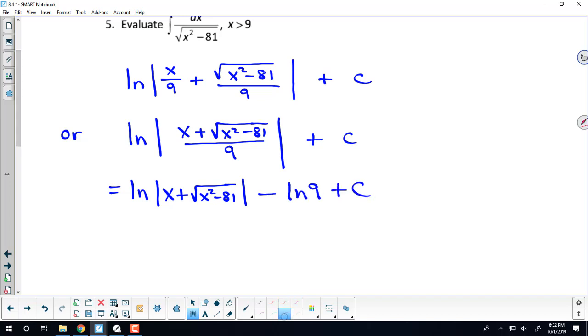So we could just call this another constant, call it, I don't know, C1. So that's bare minimum, we can have that. If you don't like that, don't do it. It's not crucial.